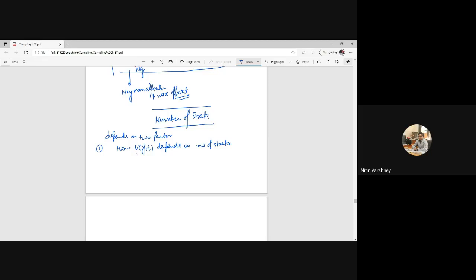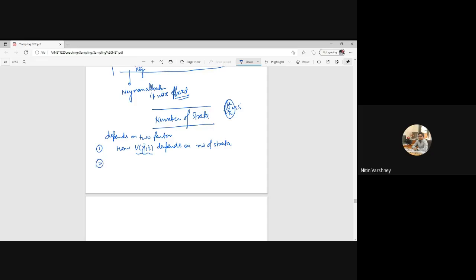If we see the variance formula, it is the summation from i equals 1 to k of 1 upon n, Wi Si square. So this is dependent on the number of strata, since k is there.